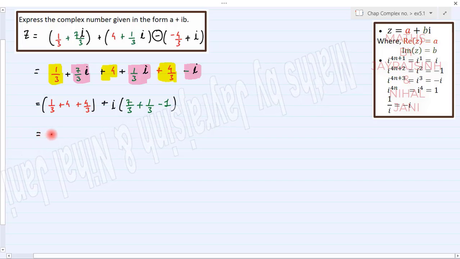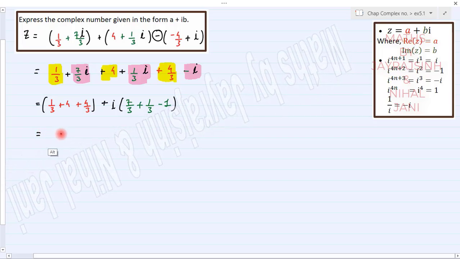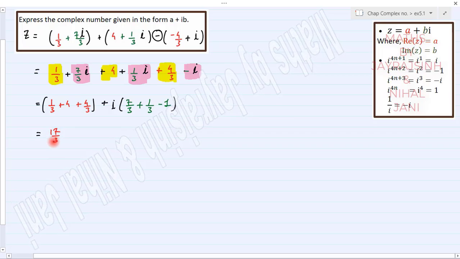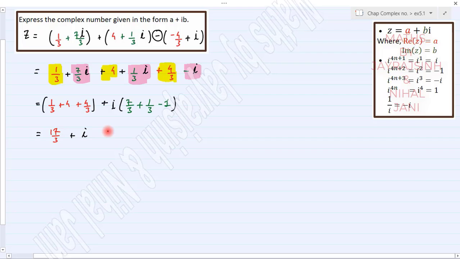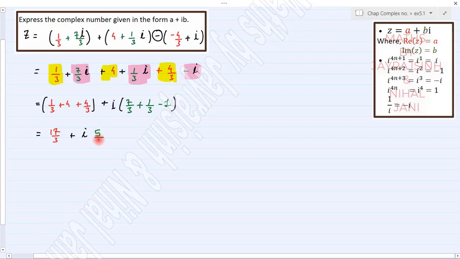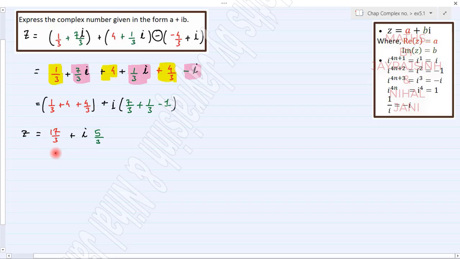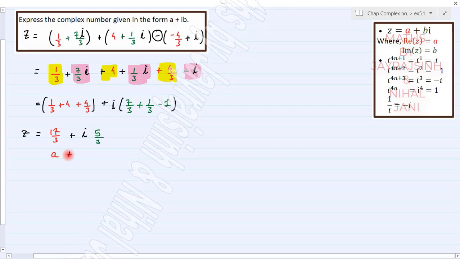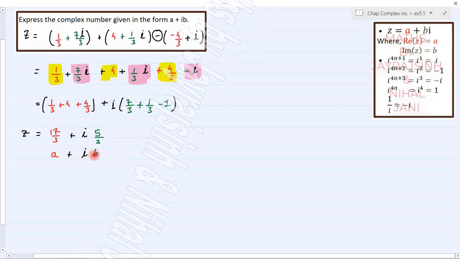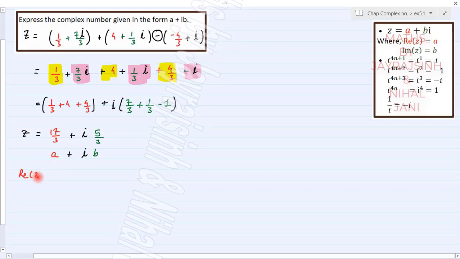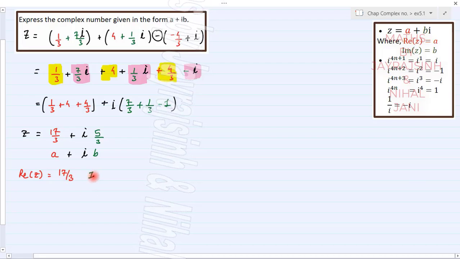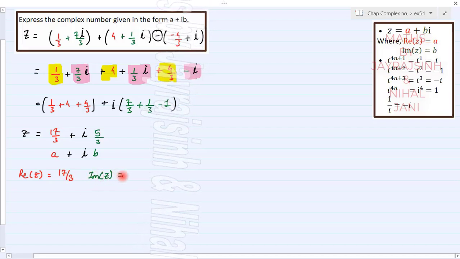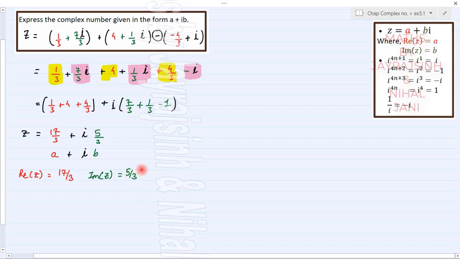So 1 by 3 plus 4 plus 4 by 3 will give us 17 by 3, and 7 by 3 plus 1 by 3 minus 1 will give us 5 by 3. So we get our complex number into the standard form of a plus ib, where the real part of the z is 17 by 3 and imaginary part of the z is coefficient of i, 5 by 3. Ta-da!